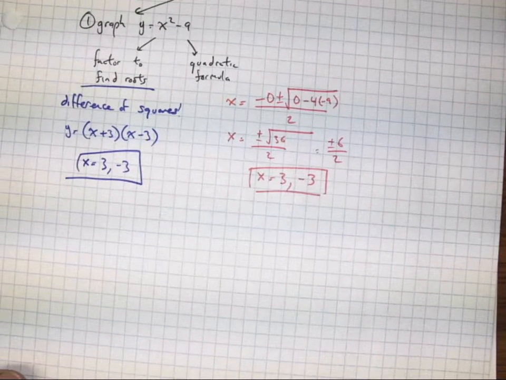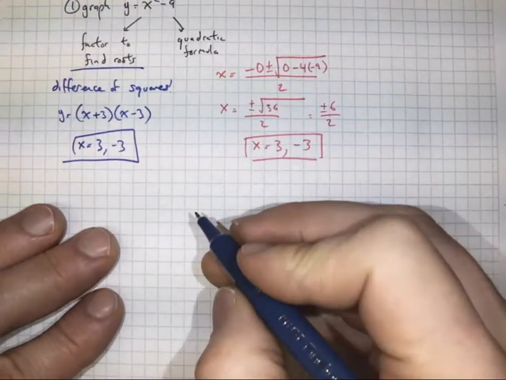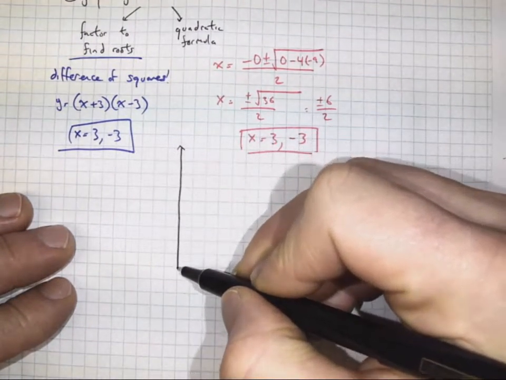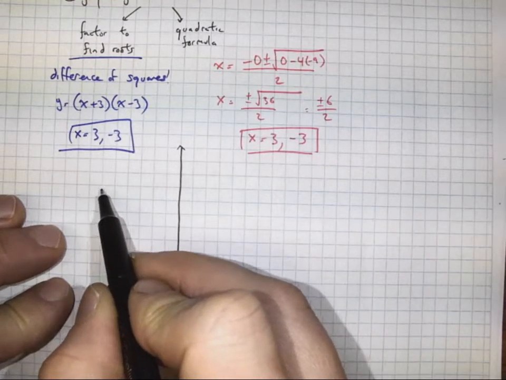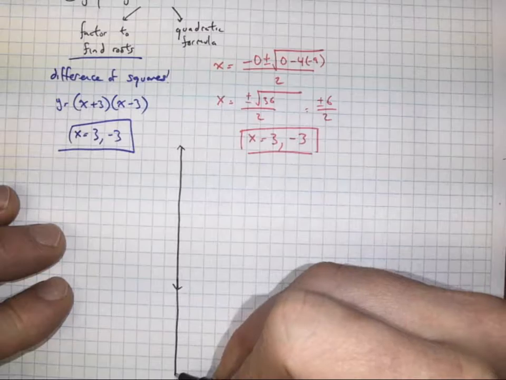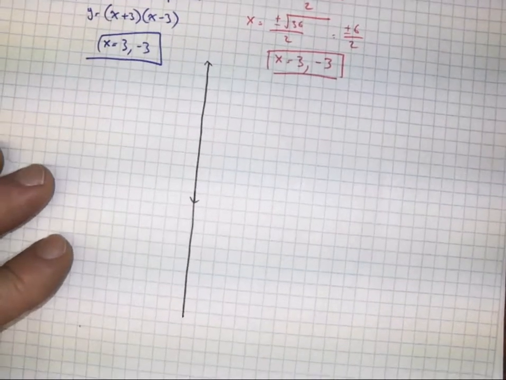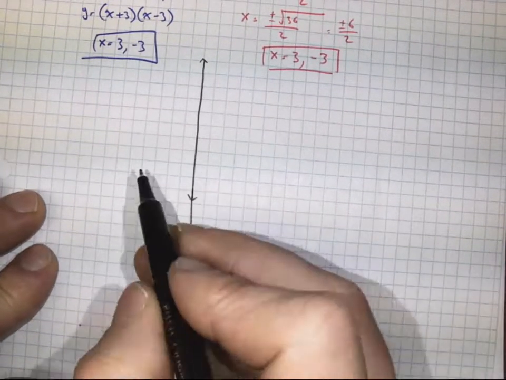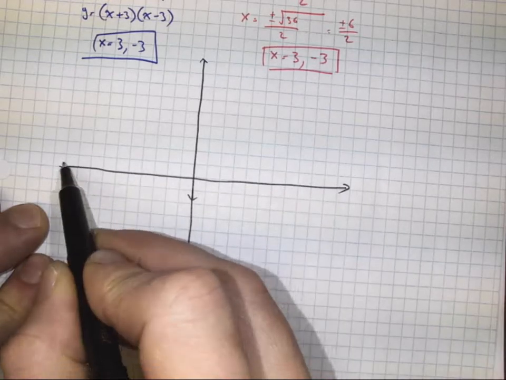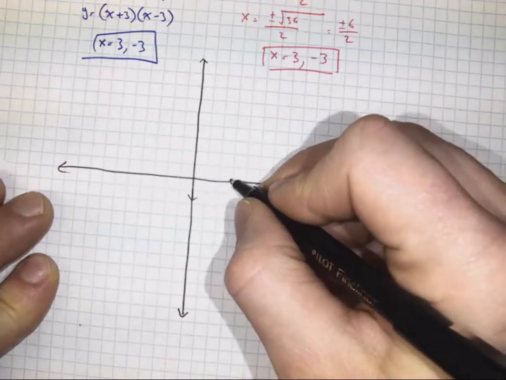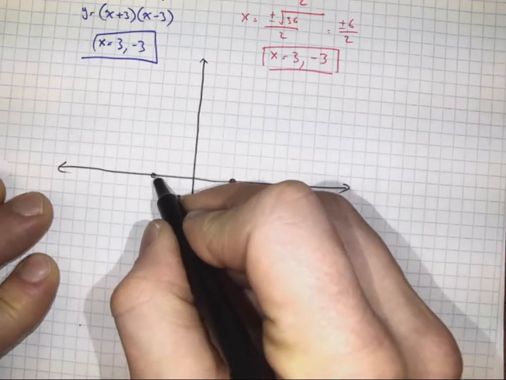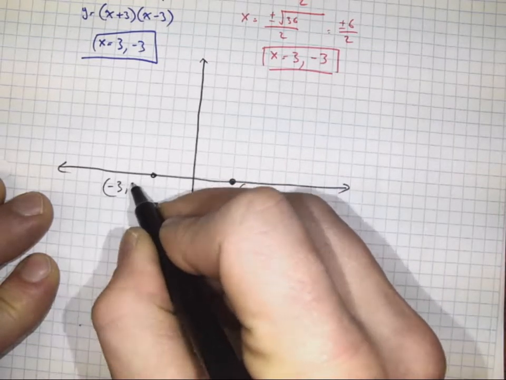Okay, so let's start by plotting our roots. I need a lot of space. I shouldn't make the same mistake I made last time. Hope that's enough space. I think it will be. All right, so I've got a point here at (3, 0) and (-3, 0).